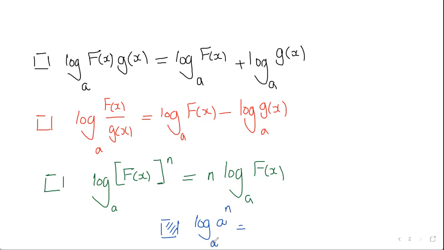Then we say, what is that going to be? I can now just take a look at the n, which seems like a hat on the exponential function, use the third identity to introduce it as a coefficient instead of as an exponent. Then I'm going to get n times the log of a with respect to the same base a.